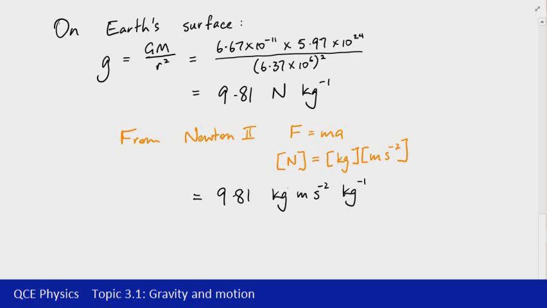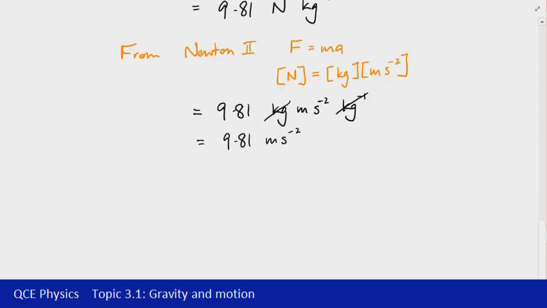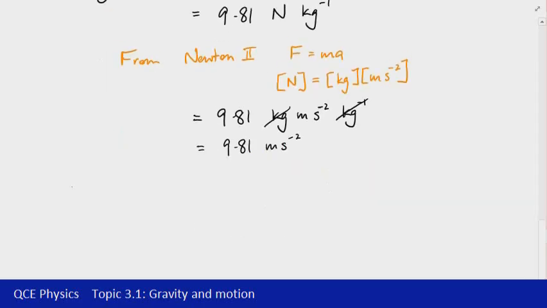You can see there that the kilos are going to cancel, so we're basically left with the quantity 9.81 meters per second squared. So the upshot of that is that we can identify that gravitational field strength is effectively the same thing as gravitational acceleration.